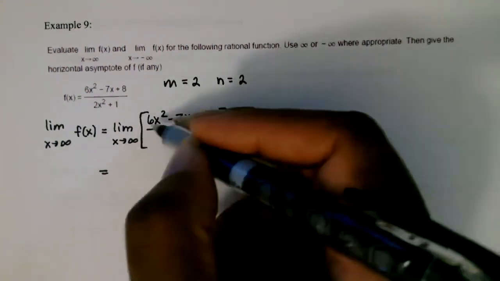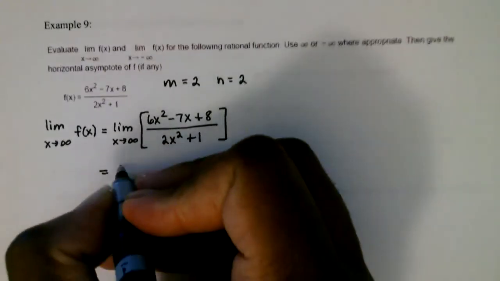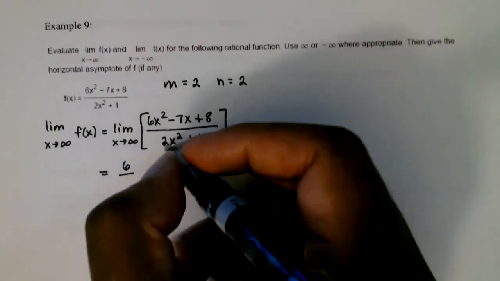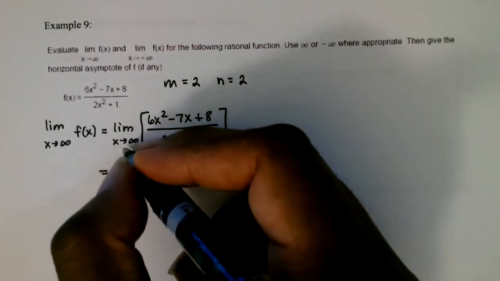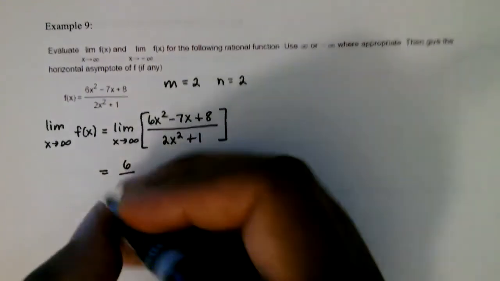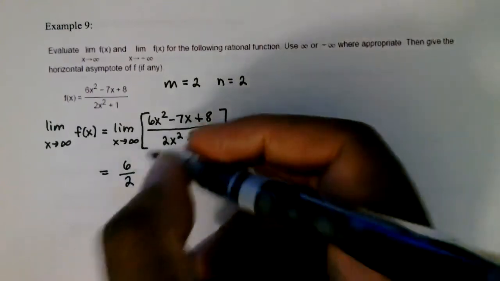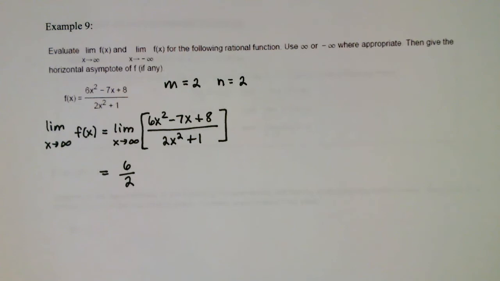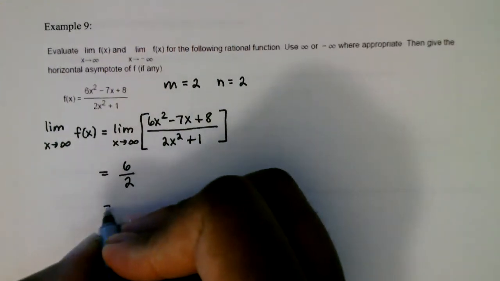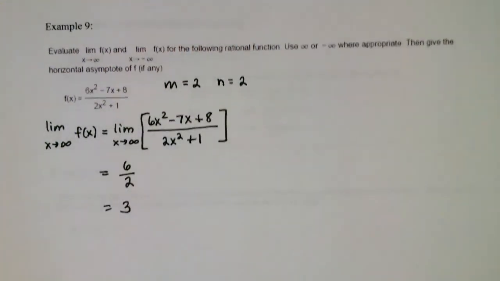The limit of this will be approaching 6 over the limit as x approaches infinity. This denominator will be getting closer and closer to 2. I just look at the leading coefficients here, 6 over 2, which is 3. So as x approaches infinity, this function gets closer and closer to 3.